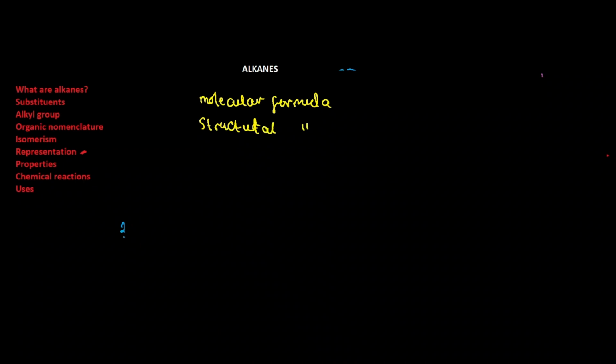We also have the condensed formula, and the skeletal formula. And for this video, we'll be looking at these four representations: the molecular, the structural, the condensed, and the skeletal.